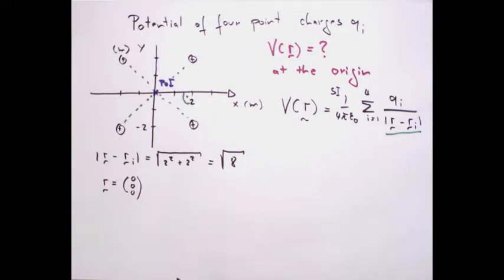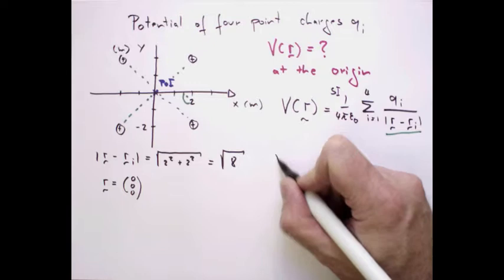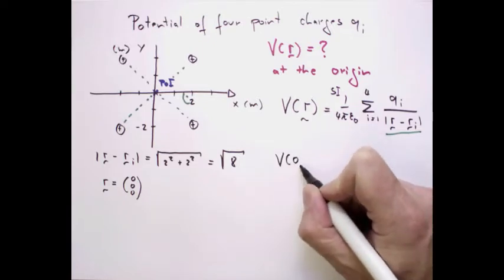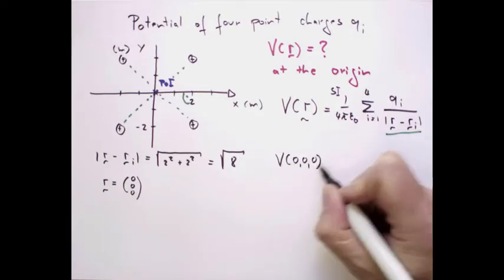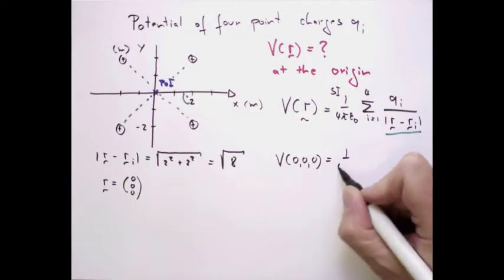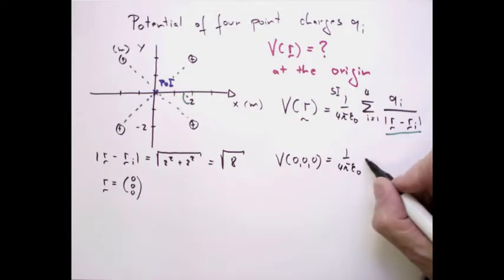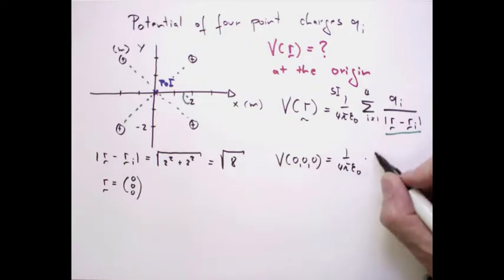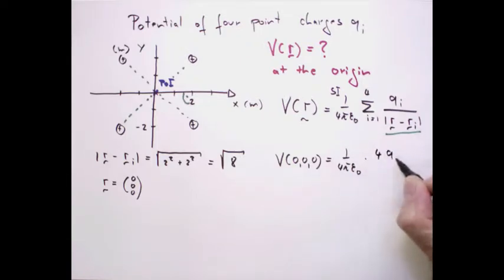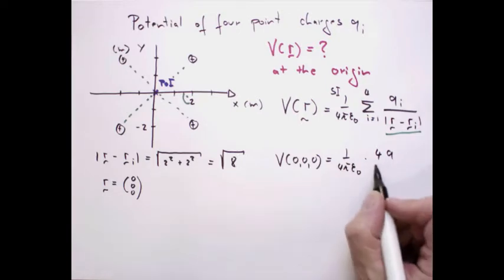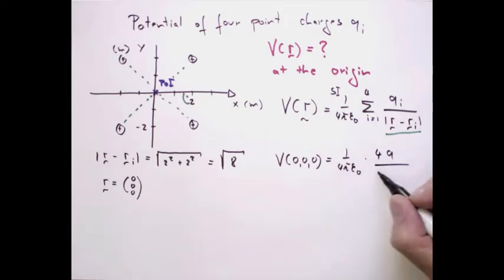If I then substitute, I can work out that the potential at the origin is equal to 1 over 4 pi epsilon naught times 4 times Q, which may be 1 Coulomb, divided by the square root of 8.